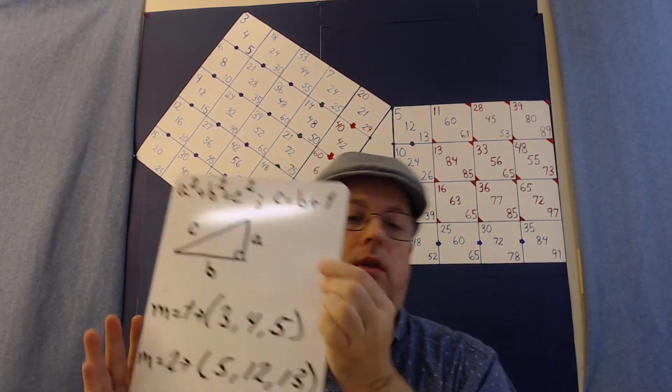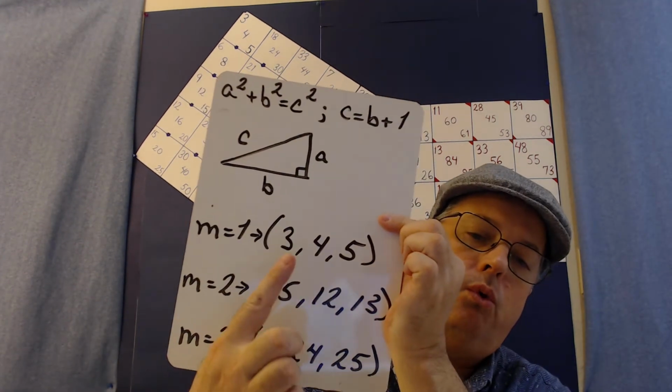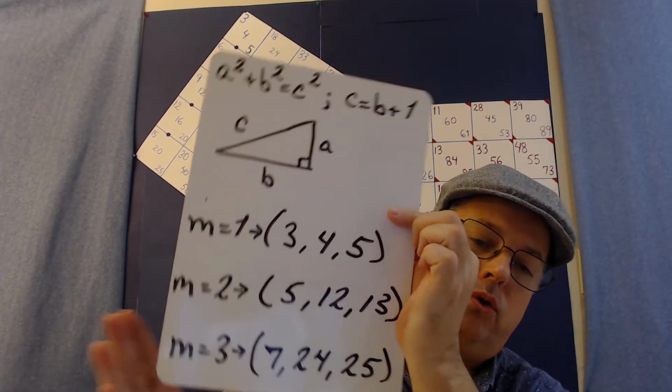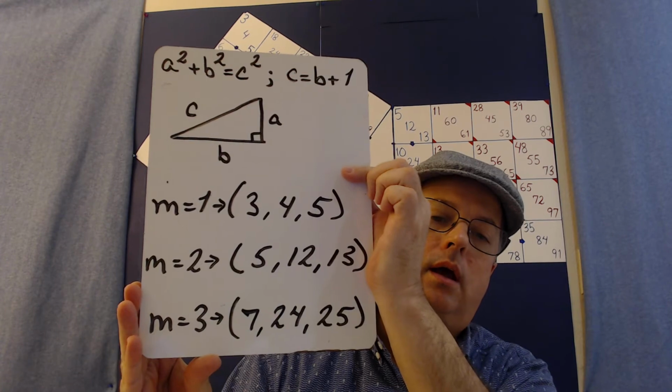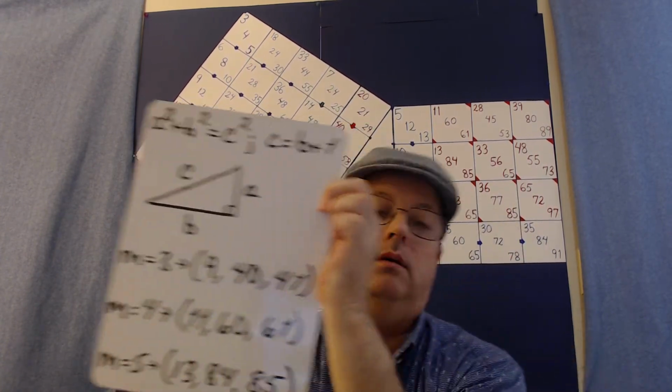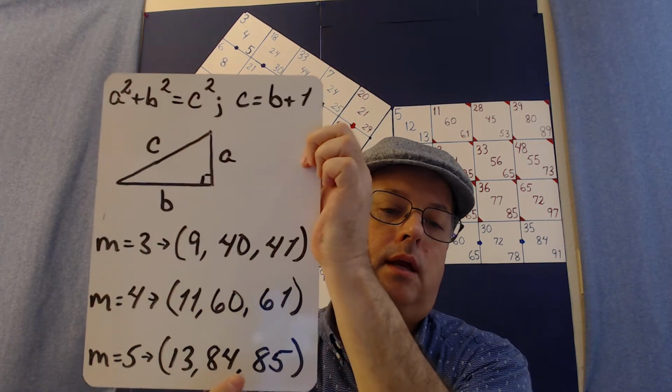And then the next thing you might notice is that the middle numbers, 4 and 12 and 24, those are all even numbers. And that's true of these other ones here. 40, 60, 84. And what's more is that they're multiples of 4, actually. And in mathematics, we have a fun way of calling those numbers that are multiples of 4.